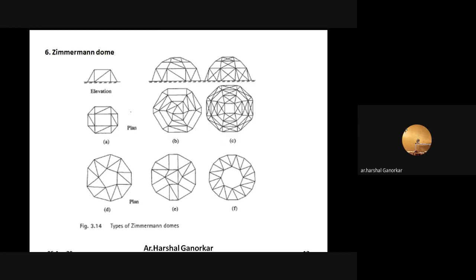So to reduce that failure, Zimmerman invented another type of dome, with pin and flexible or ball bearing joints, movable joints. At the edge portion there are fixed joints, and at the middle portion there are movable joints.